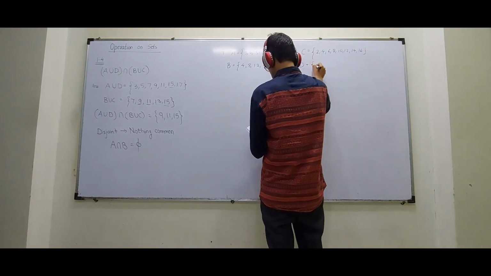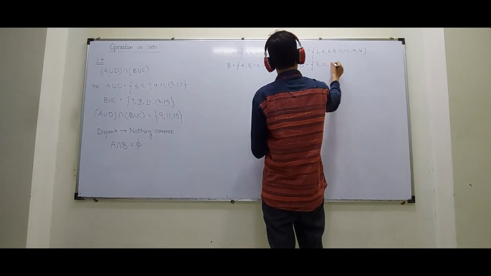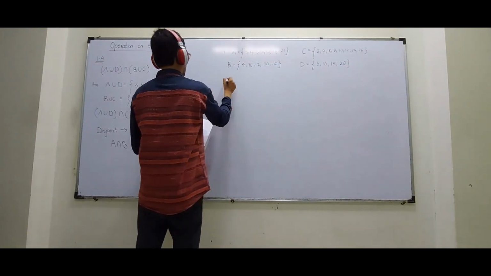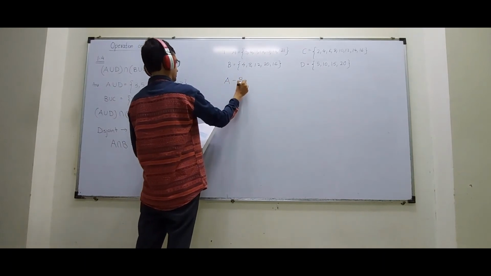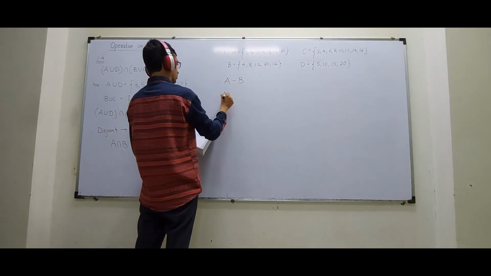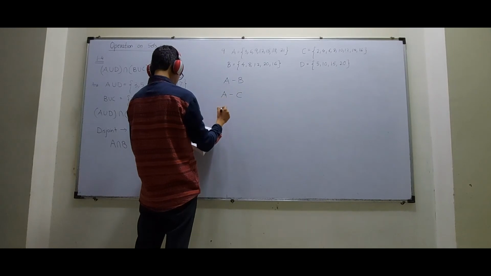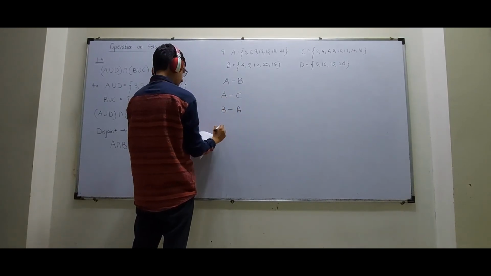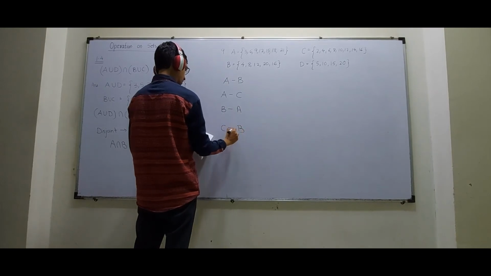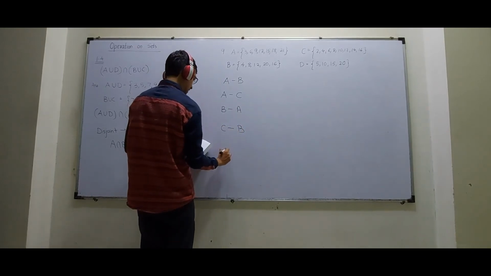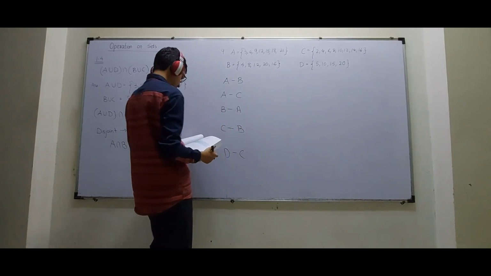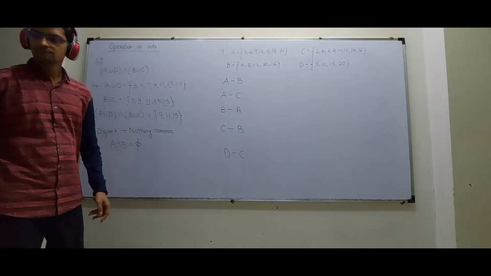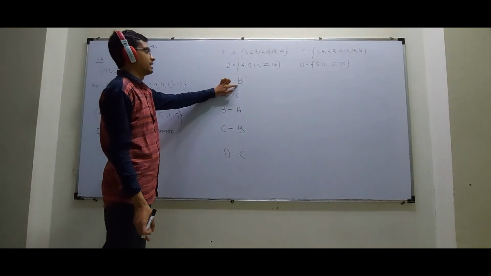Set D is given as 5, 10, 15, 20. Okay? I need to find A minus B. 4, 5 I will do, children. Remaining you try. B minus A, C minus B, D minus C. Okay? This I will do. Clear?